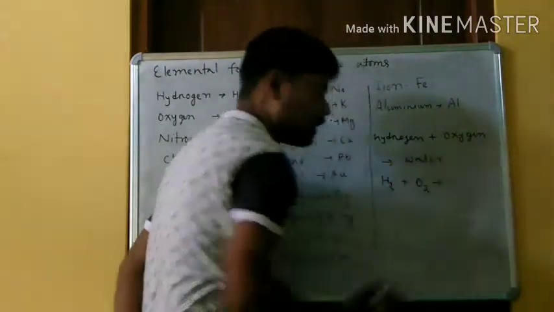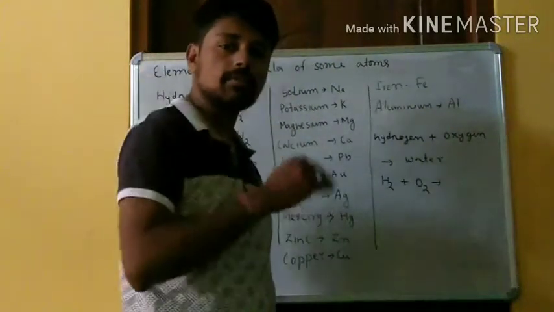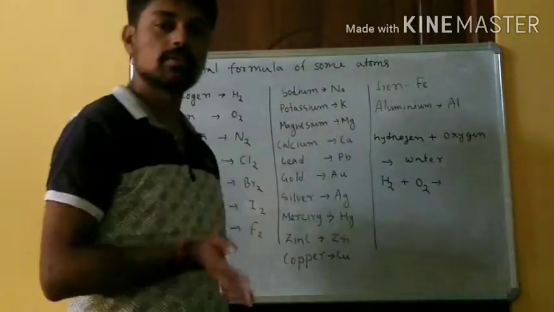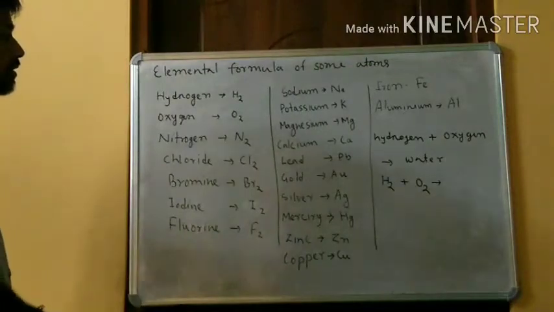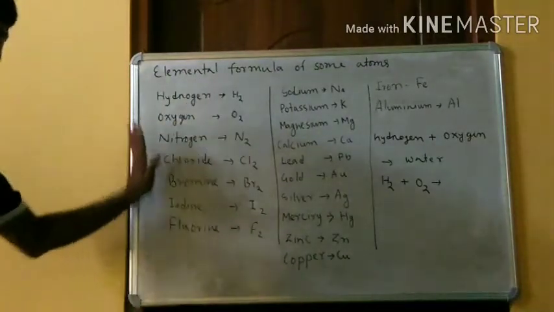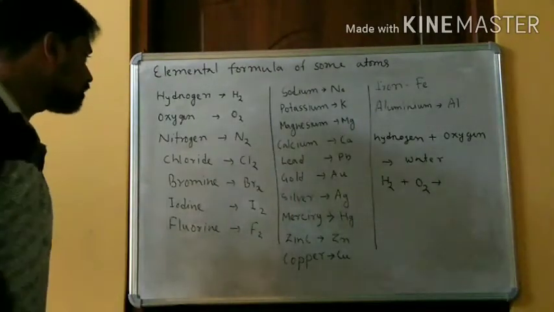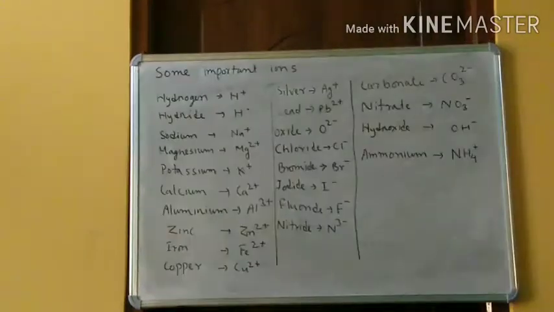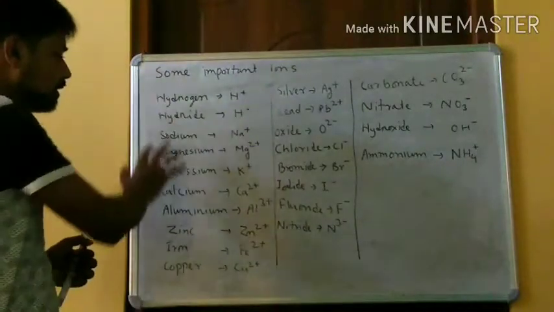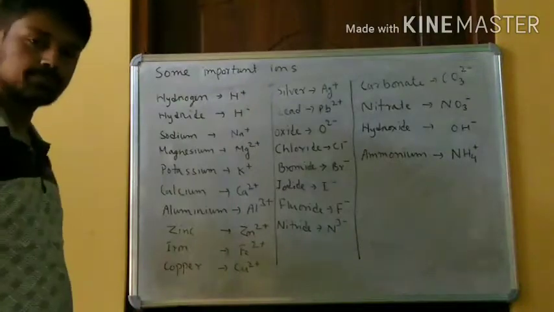But in water, for making water we have to know the ionic formulas. So for this I will make another table of ionic formulas. Before this, you note it down. Pause the video and note the table. Okay students, these are some ions which are frequently used.